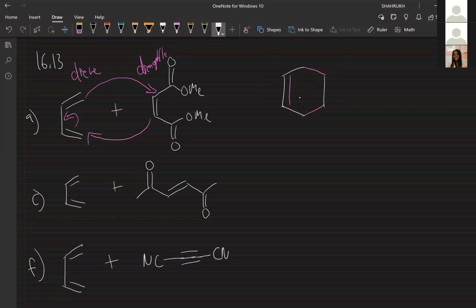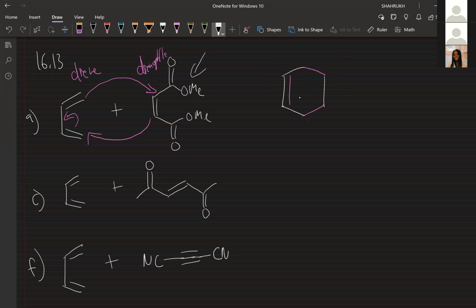Now the rest of the groups attached are dependent on whether the dienophile is cis or trans. So in this case, what kind of alkene is this, cis or trans? Cis, right? So the 2 largest groups are on the same side. It's also symmetrical, so we would consider that cis. If the groups weren't the same, but they're on the same side, then that is Z, for zusammen.